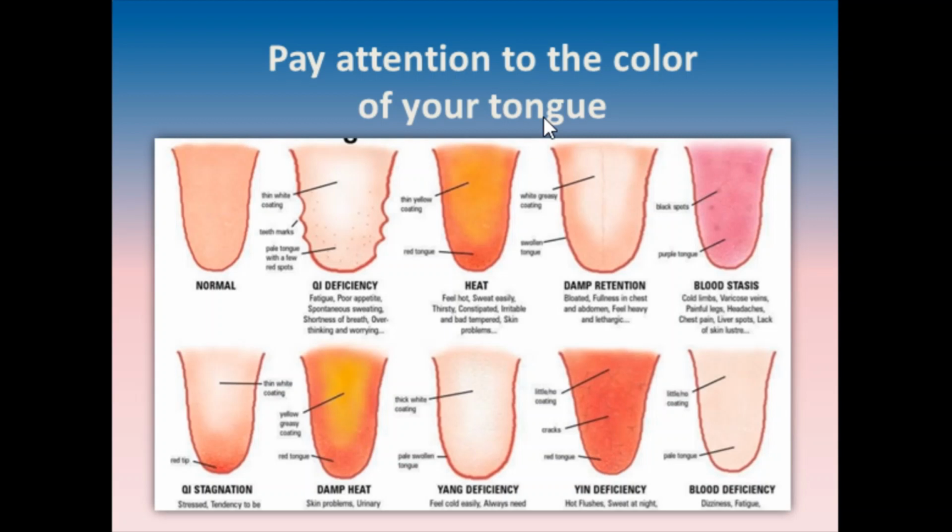Because if you know the color of your tongue, you would be aware of your health condition, if you are okay or not, or if you need to go to the doctor or not. So, again, third tip is to pay attention to the color of your tongue.